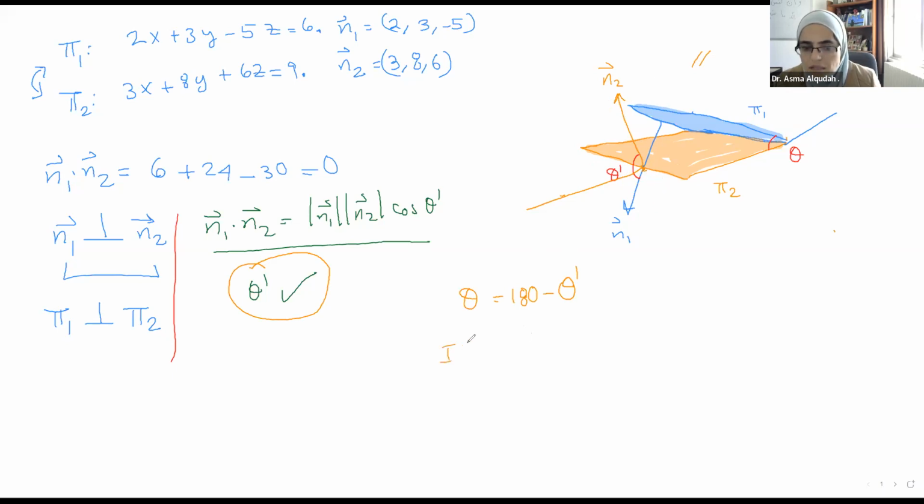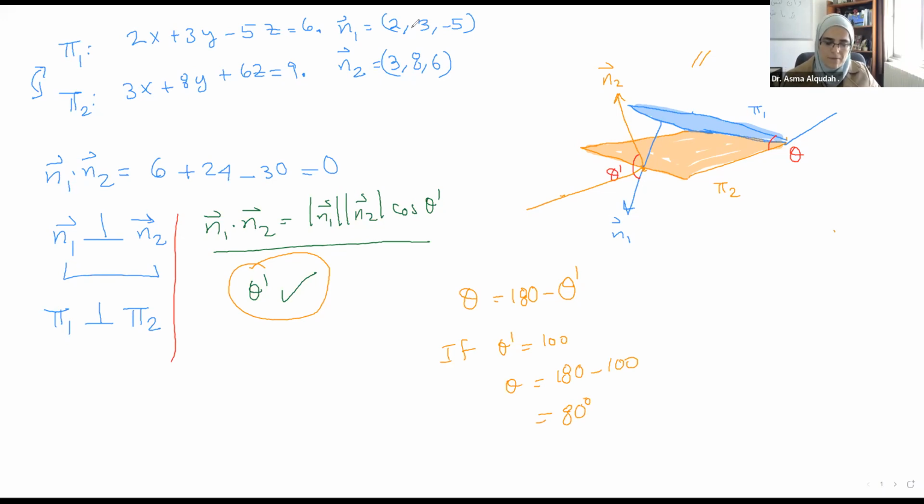Like if theta prime is equal to 100, then theta is going to be 180 minus 100, which is equal to 80 degrees. So theta is the complement of theta prime. Whatever angle you find between the two normals, it should be the complement of the actual angle between the two planes.